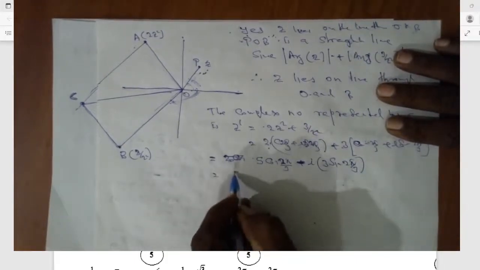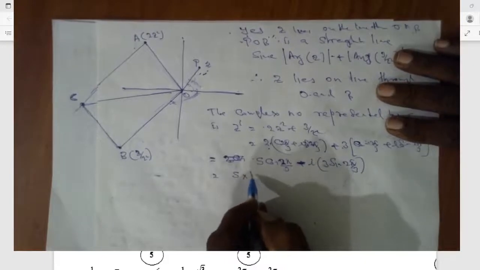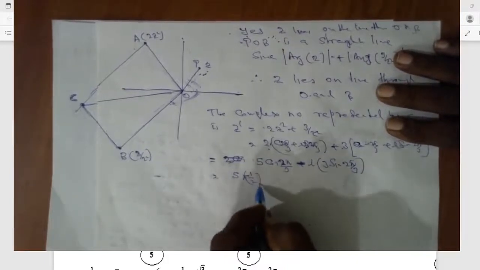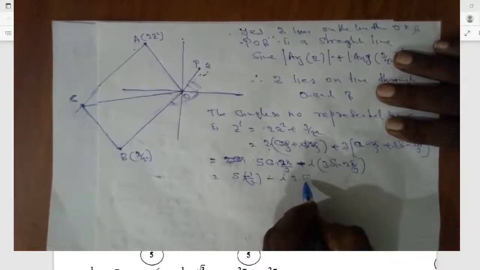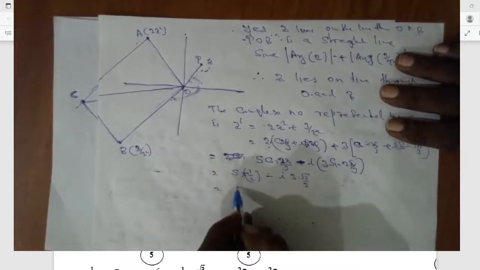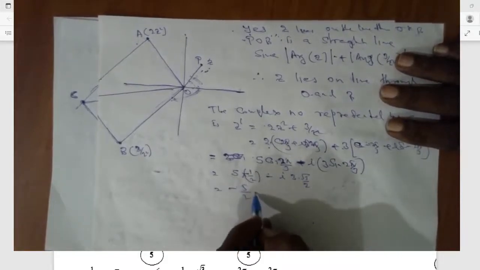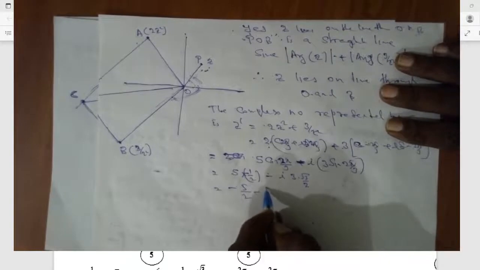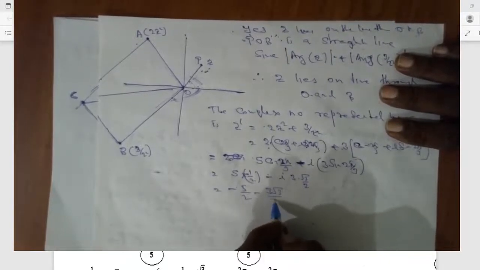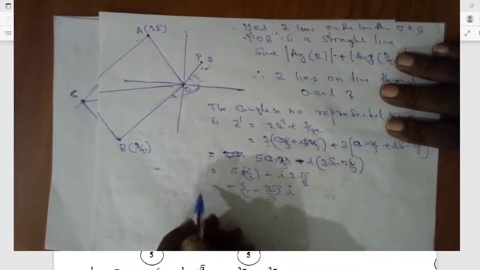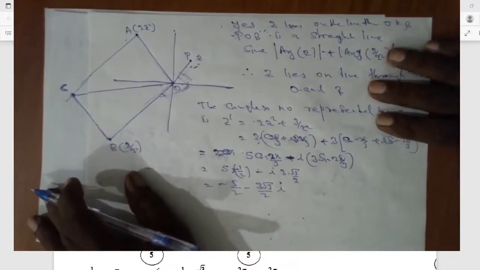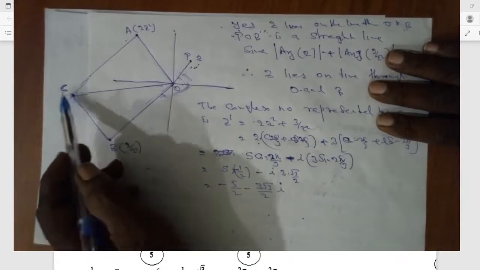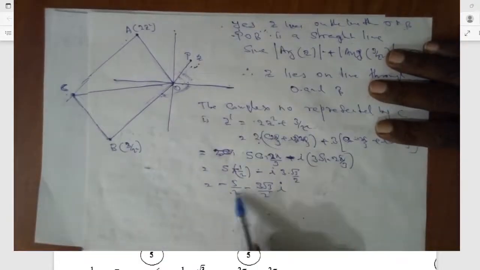Or this equals 5 into minus half plus i times 3 into root 3 by 2. So this equals minus pi by 2 minus 3 root 3 by 2 i. They ask to express this complex number represented by point C in the form p plus iq.